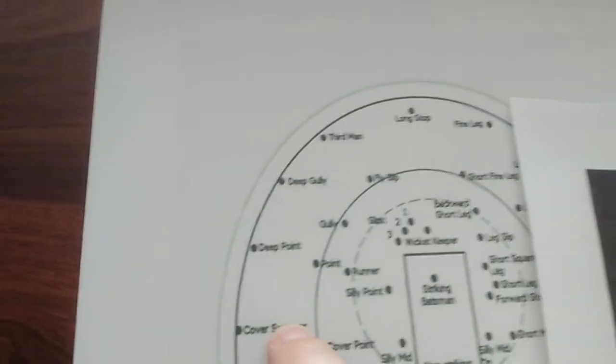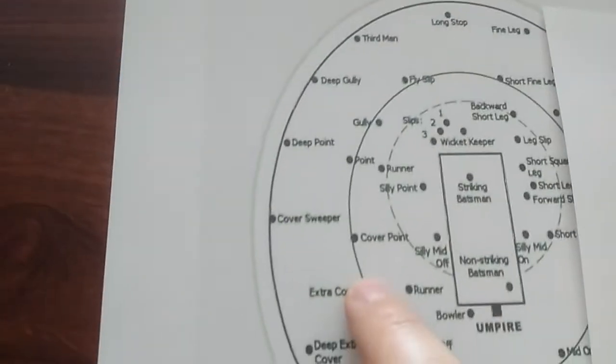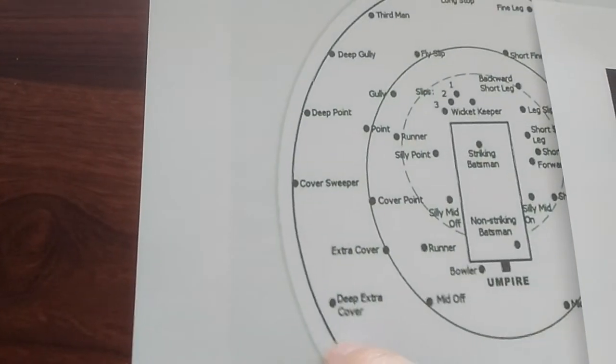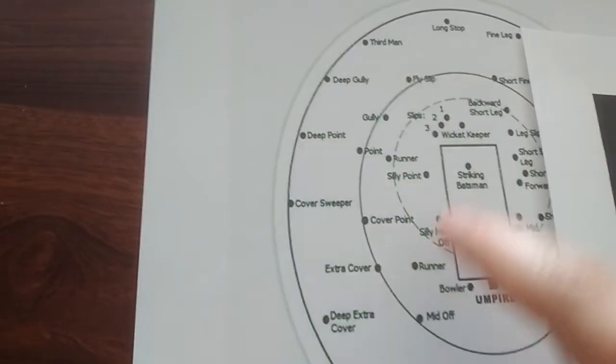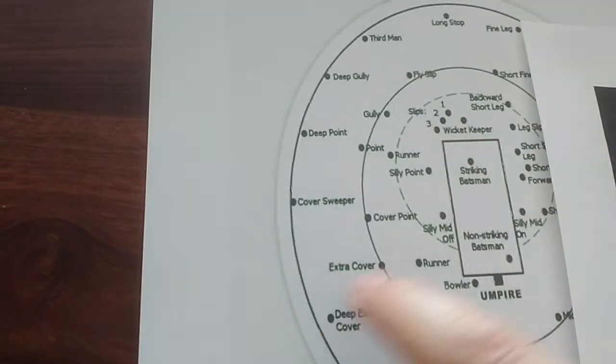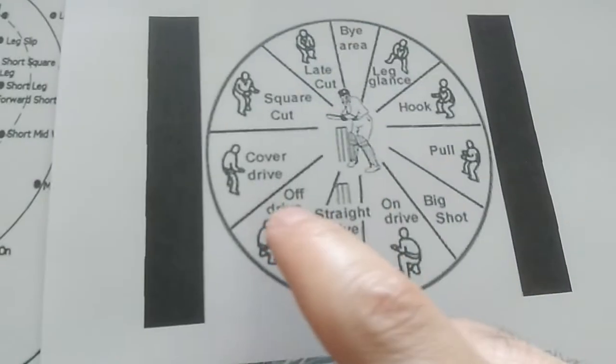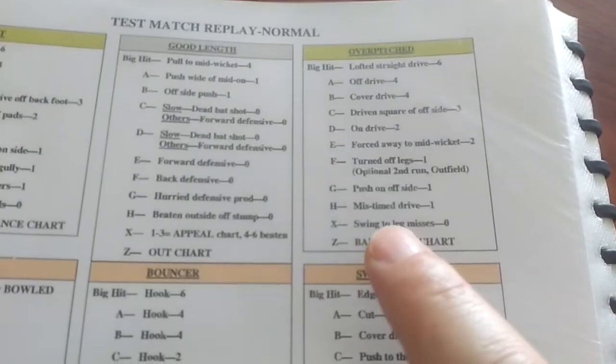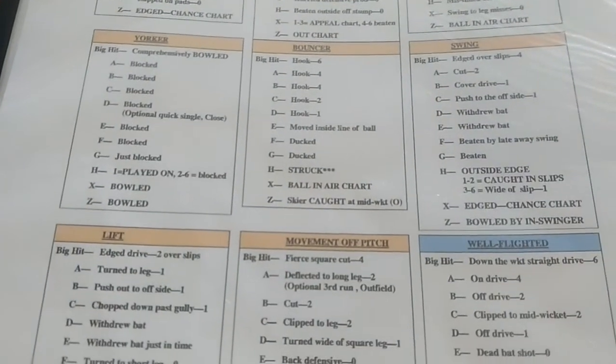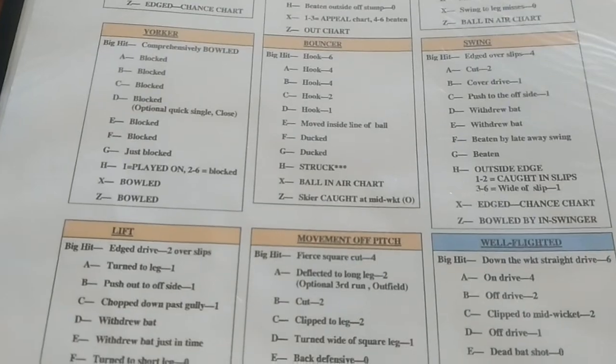Who are the fielders here? We've got cover point, we've got cover sweeper, we've got extra cover, we've got deep extra cover. So you can see which fielders in a real game would be fielding if you get one of these results. So that's just a little bit of, hey, this is what a shot looks like and this is where it goes.